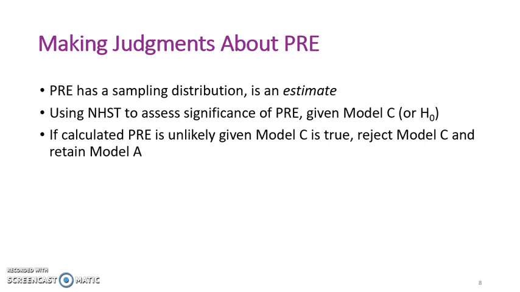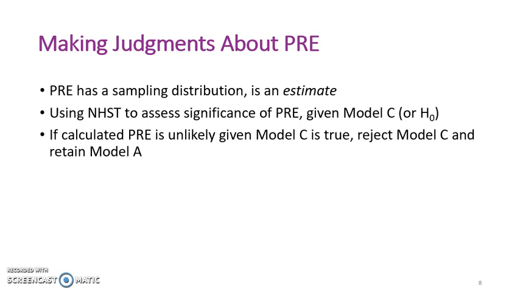Remember that we can use null hypothesis significance testing steps to determine how likely it is we would observe a mean score given the null hypothesis is true. We can also use NHST to determine the likelihood of observing our calculated proportional reduction in error, given that model C is true. Remember that model C, the compact model, represents the null hypothesis.